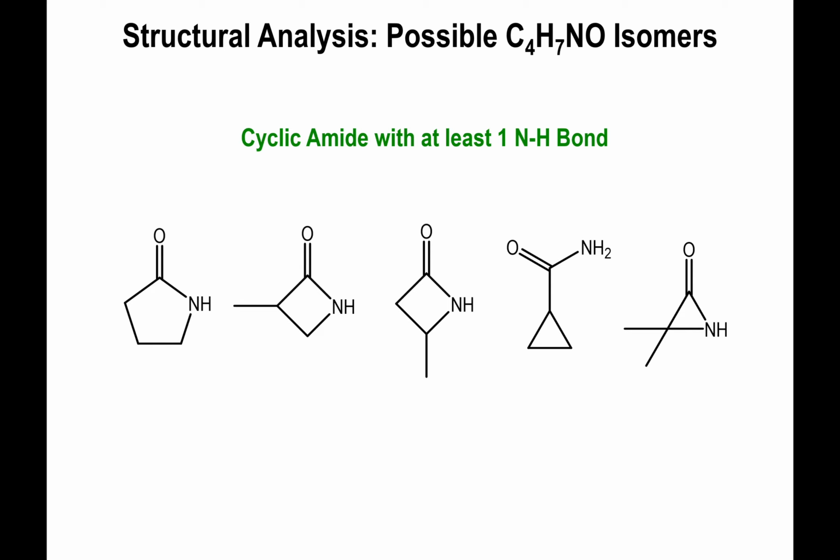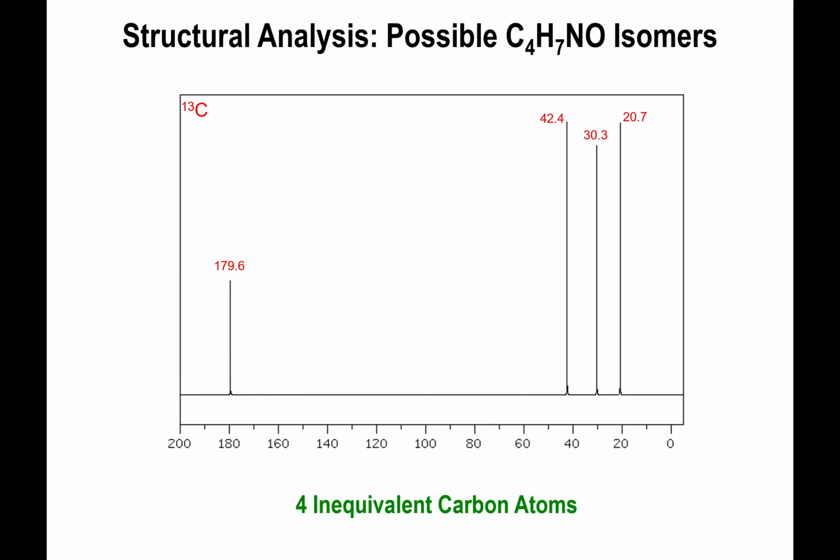But right here, we only have 5 possibilities, which is the reason why I decided to draw them before tackling the NMR. But just be aware that sometimes you're going to have so many more possibilities for the molecule you're investigating that that will be a little bit detrimental to you solving the problem in a timely manner.